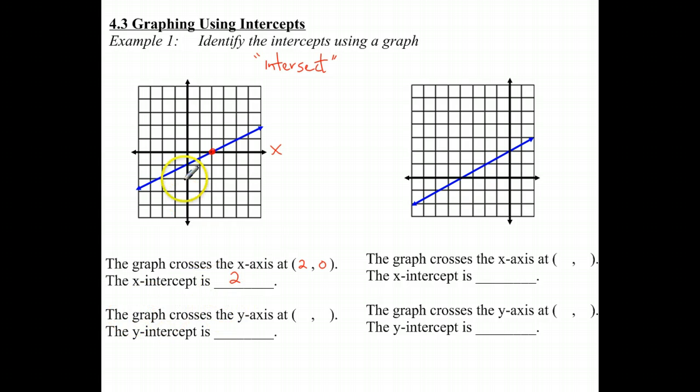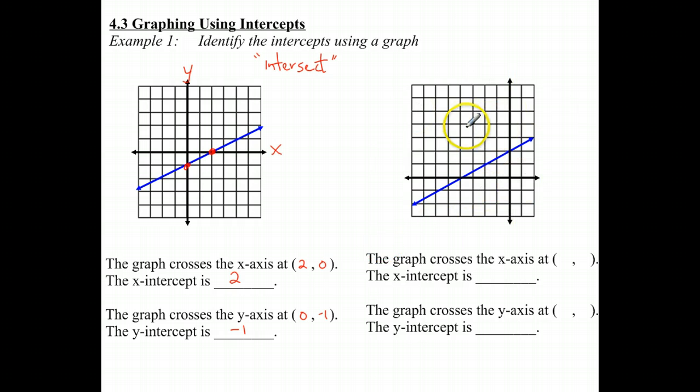The graph crosses the y-axis. Well, here's my y-axis, and my blue line hits my y-axis at this point. That's going to be the point (0, -1). Therefore, I would say that my y-intercept, or where my line crosses the y-axis, is at -1.